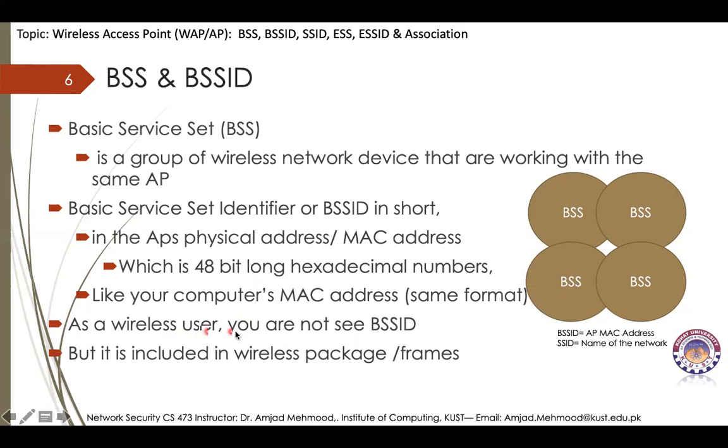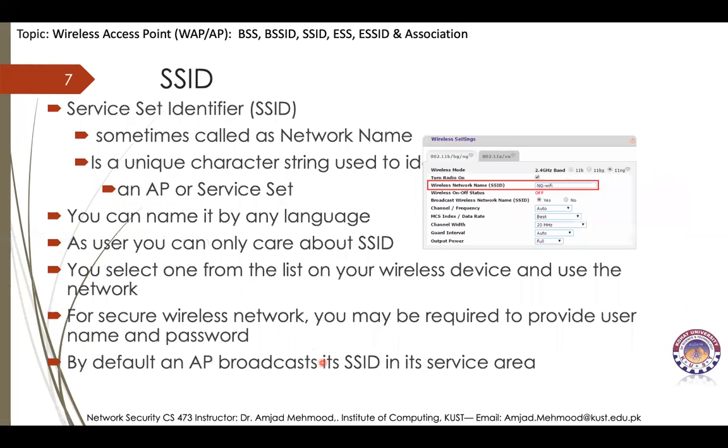So a wireless user does not see the BSSID, but it is included in wireless packets and frames. You can see SSID, normally called network name. Whenever the network gets published, if you open your wireless network, you will get the names of the networks.